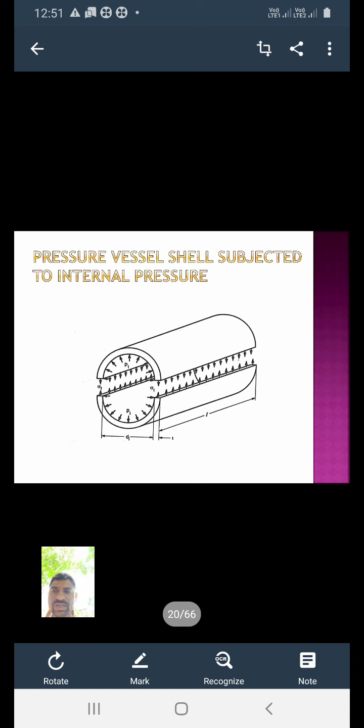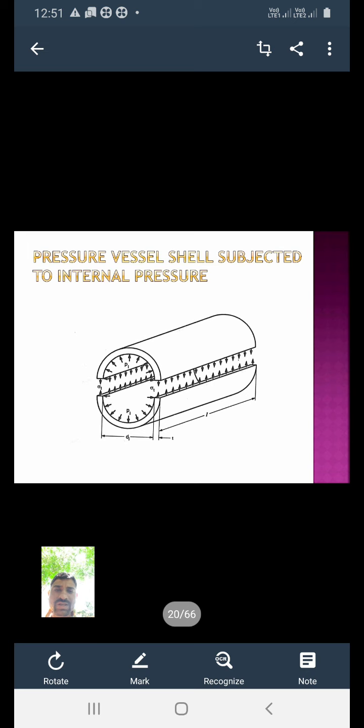Sigma T is the tangential stress. It is also called the circumferential stress or hoop stress. Already we have seen, if I take a cross section of the pressure vessel, different types of stresses are induced inside the cylinder.